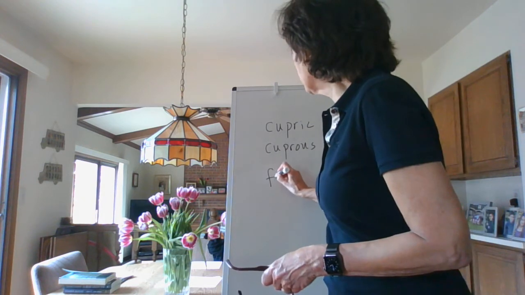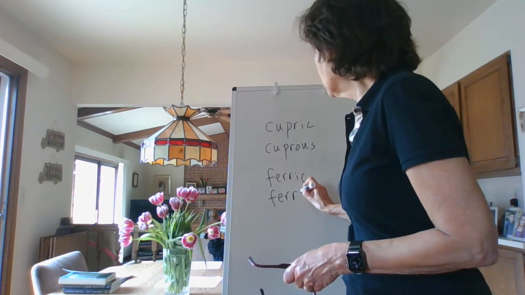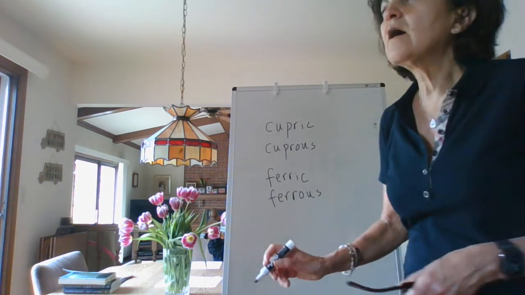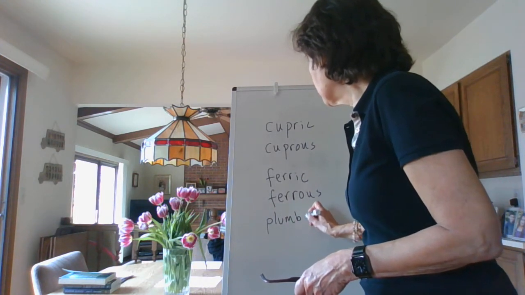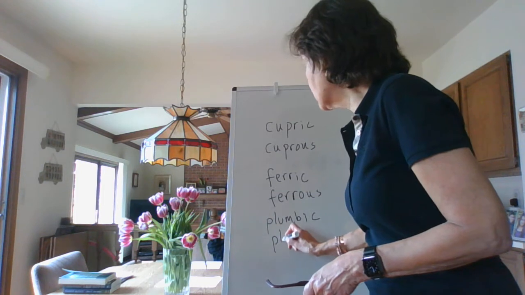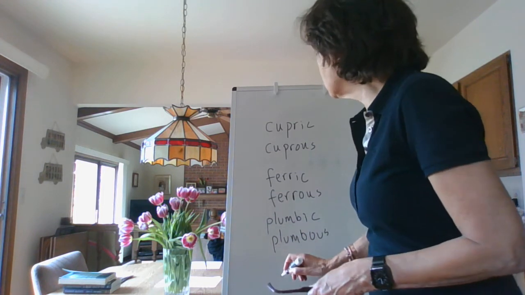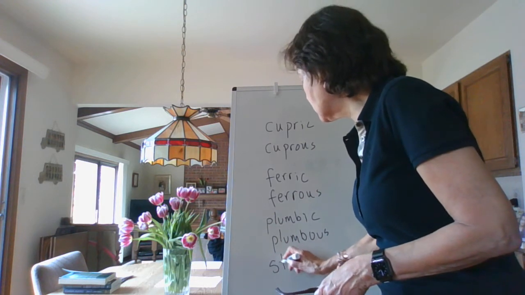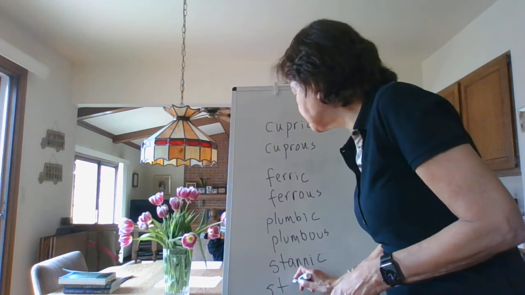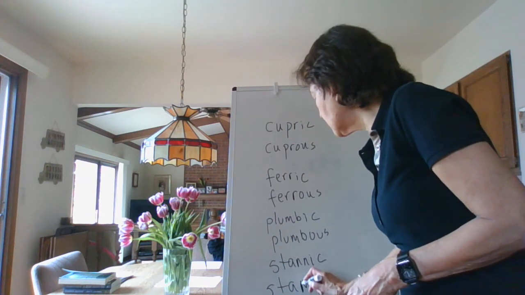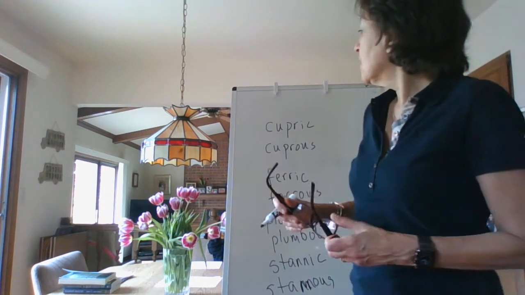Iron would be ferric or ferrous. Lead would be plumbic or plumbous. I'll explain this in a second here, guys. And then tin would be stannic or stannous.